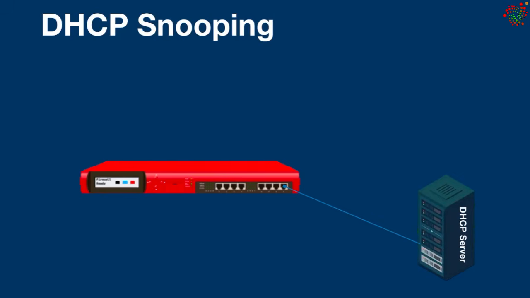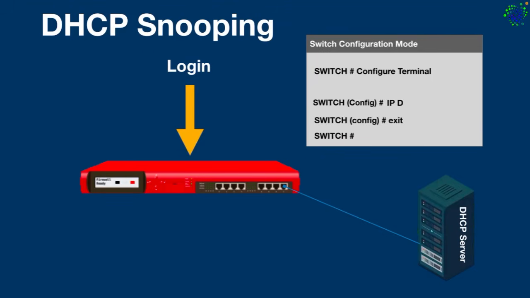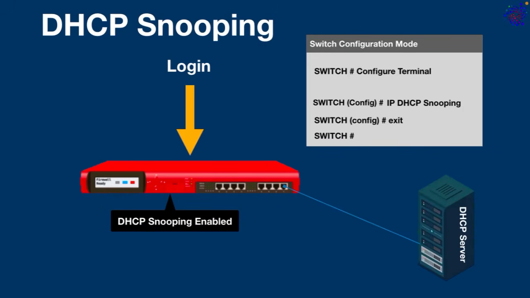Okay, now the question is how DHCP snooping works. Well, DHCP snooping works pretty simple. All you have to do is log into the switch, then enter configuration mode and type IP DHCP snooping in command line interface. That's it. DHCP snooping feature will be enabled.